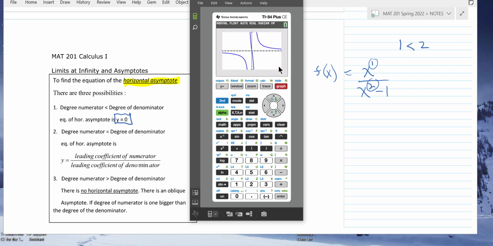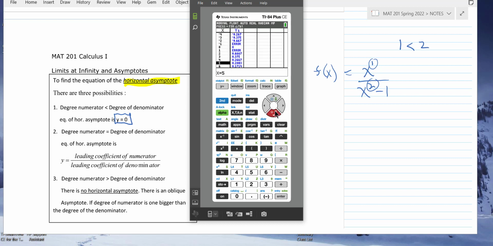Okay, so the reason that it's y equals 0 is what will happen as you go further and further out on this graph. As x gets bigger, y is just going to get close to 0. And as x gets smaller, y is going to get close to 0 also. You can see this on a graphing calculator by looking at the table of values.